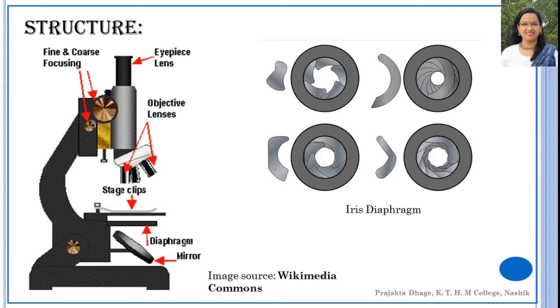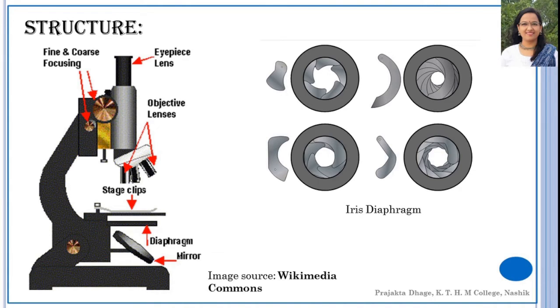The foot is a heavy structure, generally horseshoe shaped, resting on the tabletop. Just above the foot, where the foot joins the curved limb, an inclination joint is present. This allows the arm to be tilted at different angles for convenient usage.